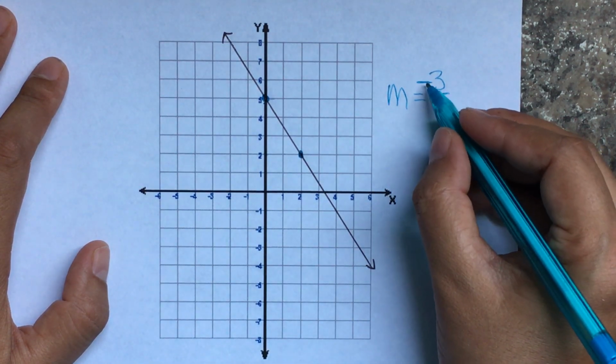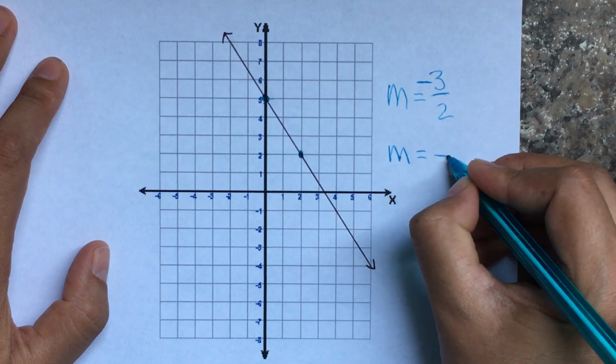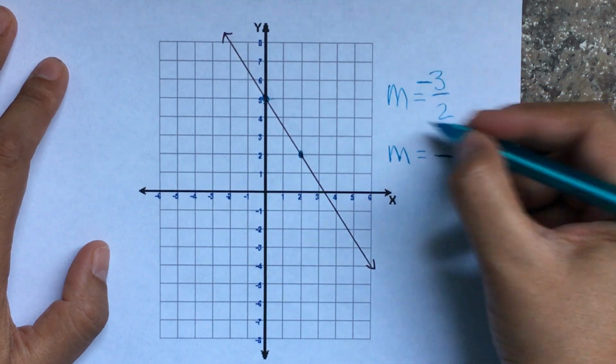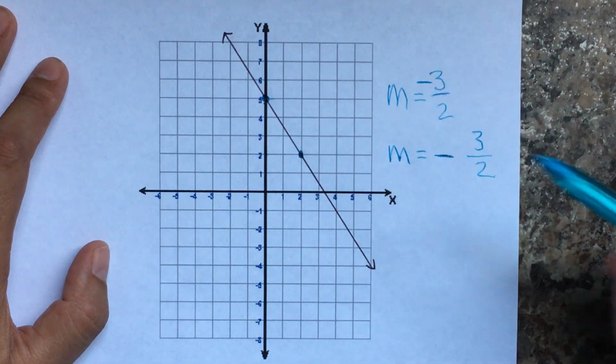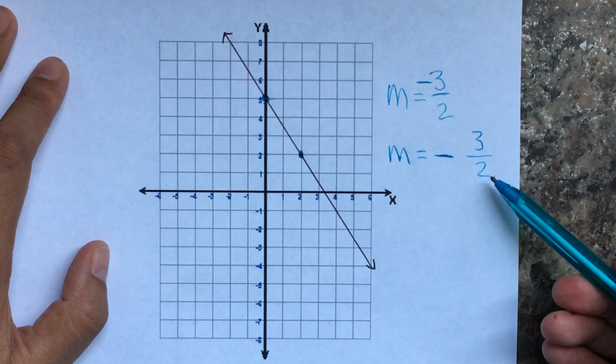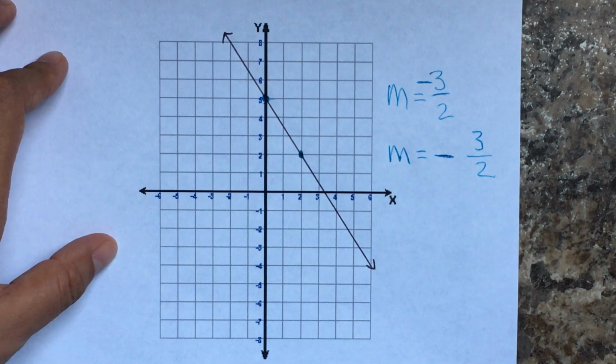So now that you see that it's 1 negative and 1 positive, you can say, oh, my slope is negative 3/2. If you leave it like this, that's fine. There's no problem if you leave the negative, but usually you will see it like this in books, where the negative is in the middle of the fraction.